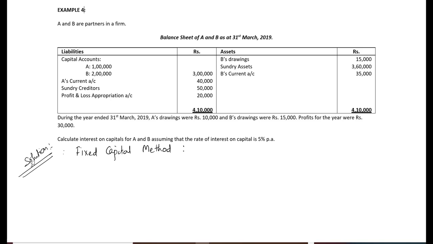Now for this particular year, the closing balance of capitals, in the case of A it's 1 lakh and in the case of B is rupees 2 lakh. There is no information about A or B introducing any capital, and also there is no information given about any withdrawal of capital by A and B. Therefore, the opening capital for both A and B is equal to the closing capital.